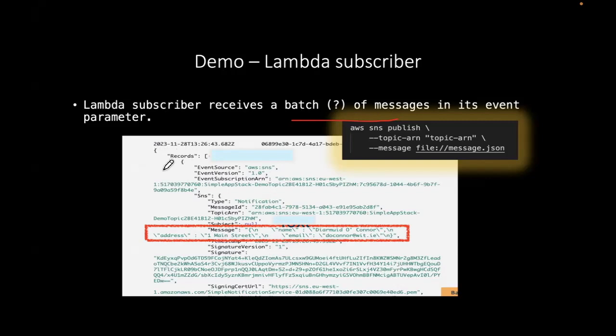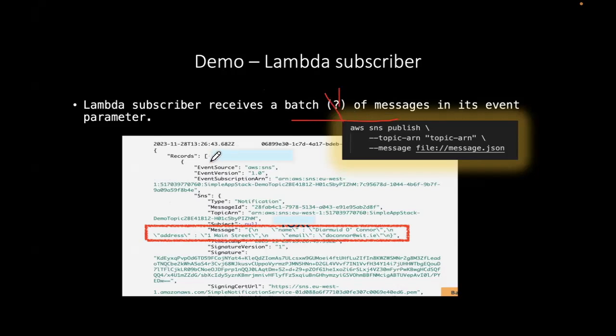In this array is the batch of messages that has been sent to my Lambda subscriber. So it's a bit of a contradiction, I know, but for now we'll just stick with the idea that it is a batch of messages that the subscriber receives. We'll conveniently ignore the question mark.